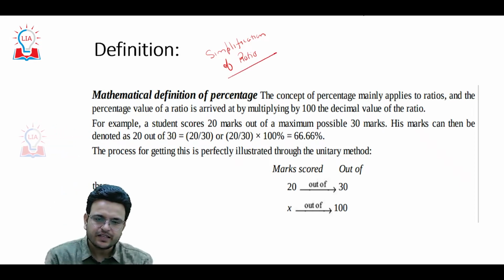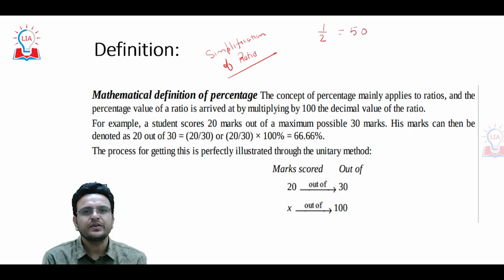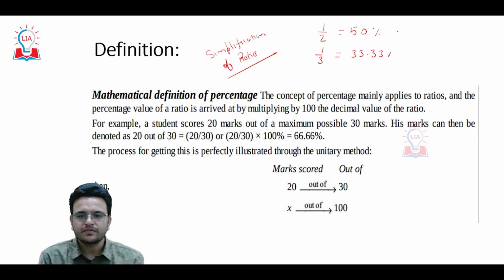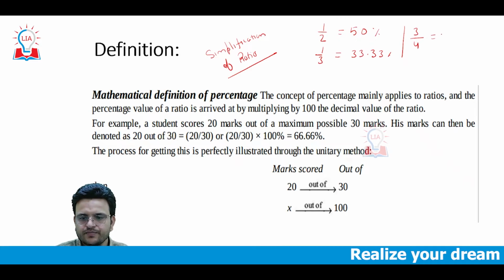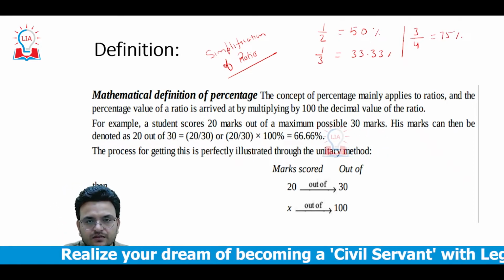It simply means when we talk about 1 upon 2, it is 50%. 1 upon 3, it is 33.33%. When we talk about 3 upon 4, it simply means 75%.